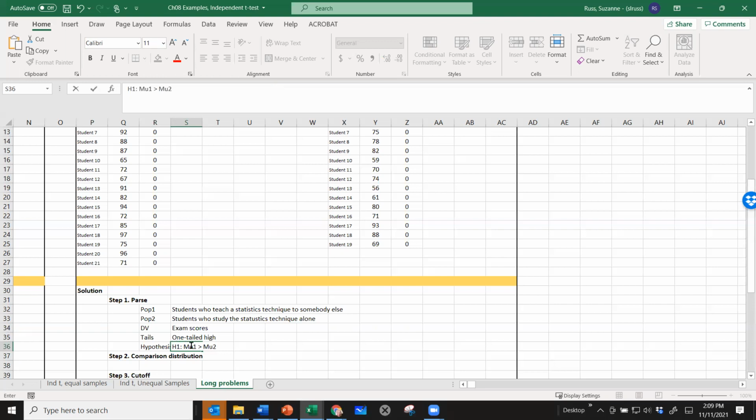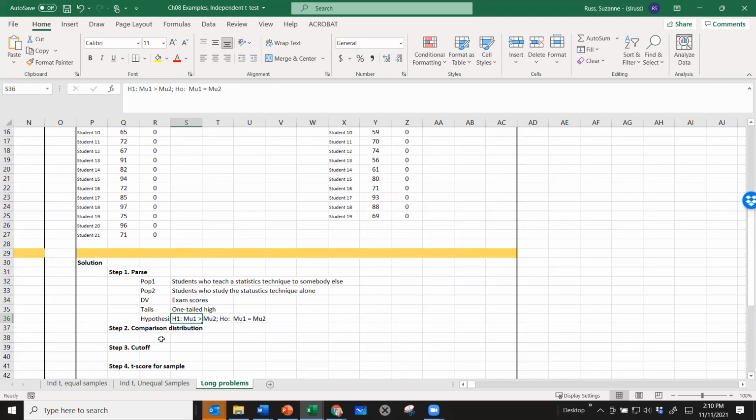And the null hypothesis, H0, is that the mean exam scores for population 1 will be equal to the mean exam scores for population 2. You'll note that I'm not making these in subscript. It's a little tedious to do that. It can be done in Excel, but for the most part, I'm leaving my numbers full size and you can do the same.